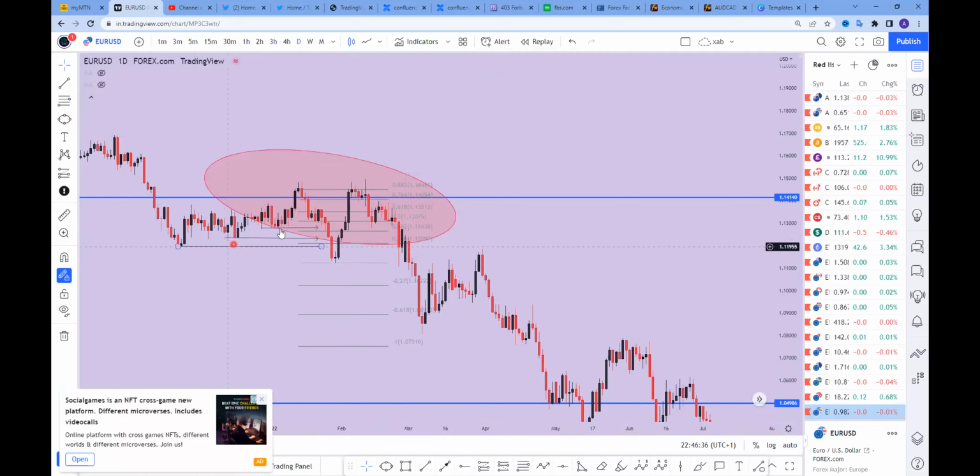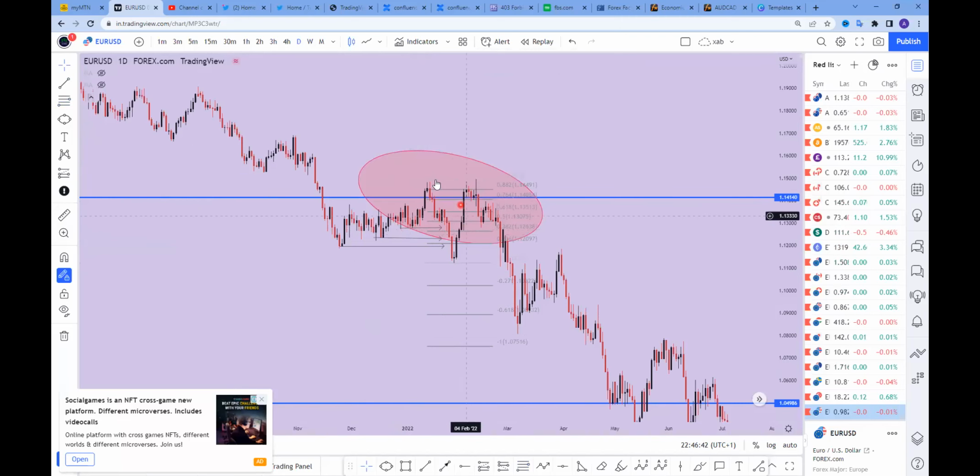Why? Because after breaking the zone, price simply just came for a retest. Can you guys see that? Came back to retest our supply. Have you seen that?